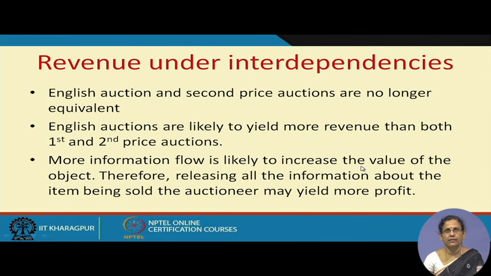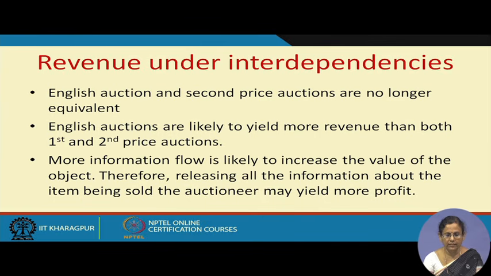So, some interesting phenomena happen in case of interdependencies. The English and second price auctions no longer remain equivalent, as they were in the independent private value setting, the IPV setting. Now, English auctions are likely to yield more revenue than both first and second price auctions.